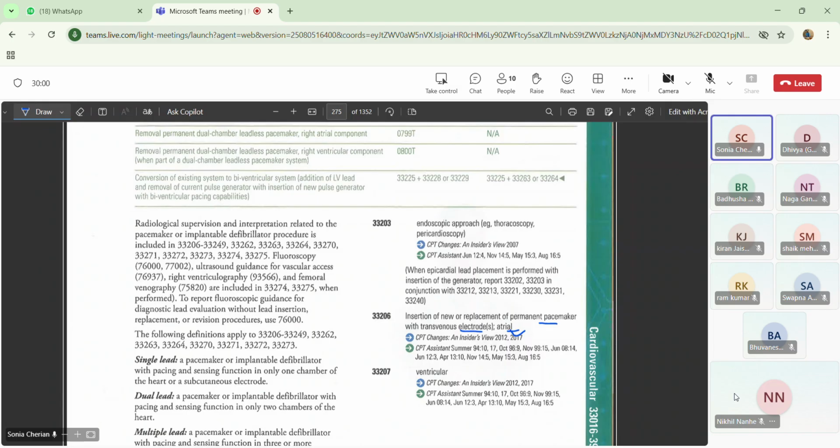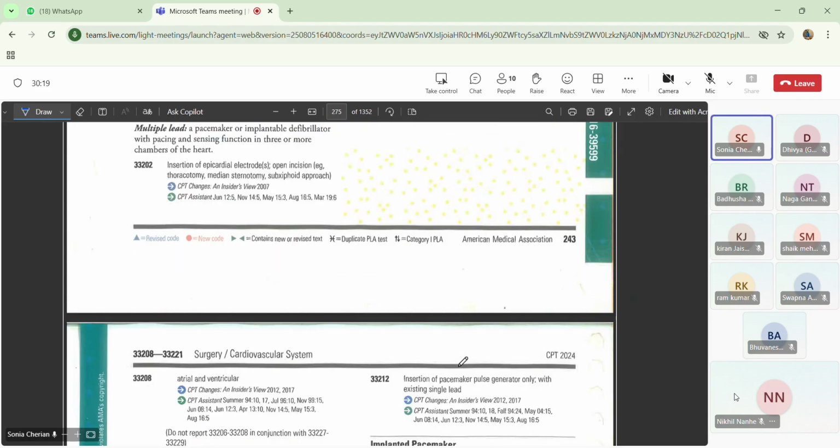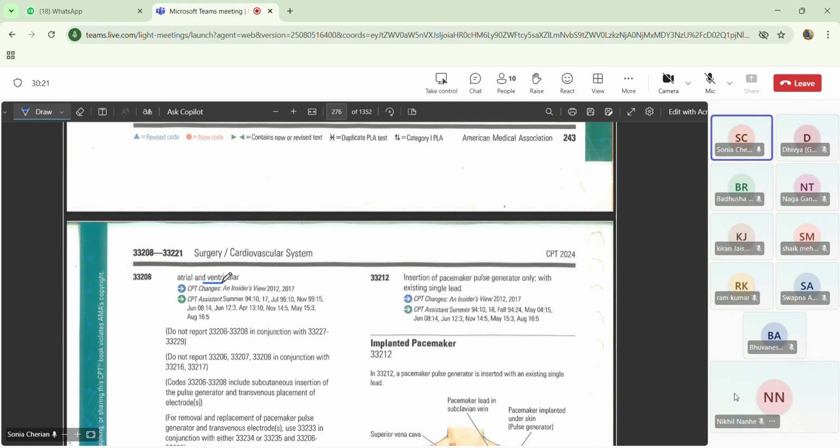If they are just placing the electrode in the atrial, then your CPT is 33206. If they are placing in the right ventricle too, then your CPT should be 33207. We call it dual chamber, dual pacemaker chamber insertion. Now if they are placing in the atrial and the ventricular, then it is 33208.